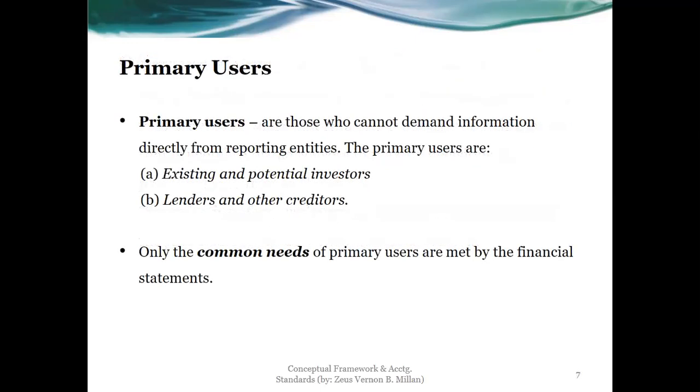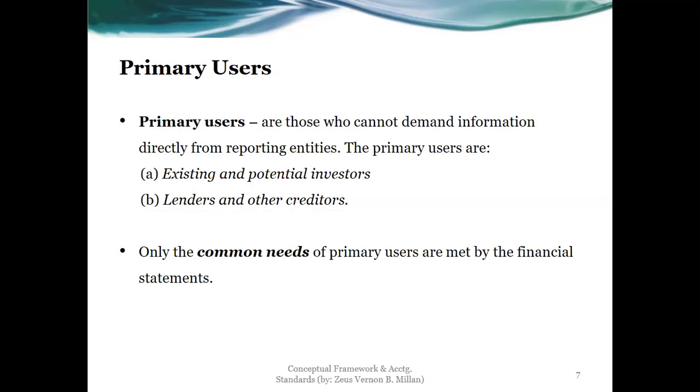Then primary users are those who cannot demand information directly from reporting entities. Basically, they cannot go to the office of the business and demand reports from the management. They cannot do that.